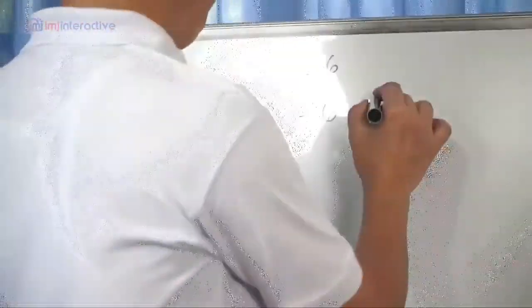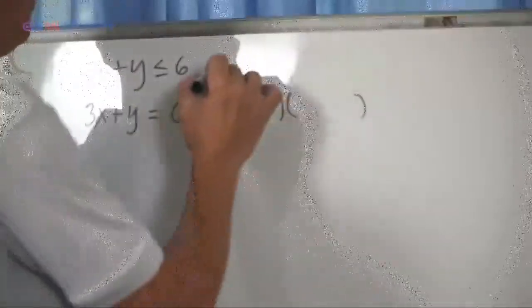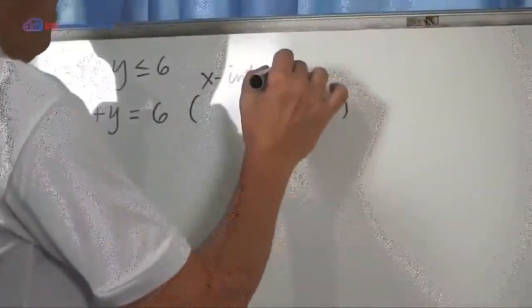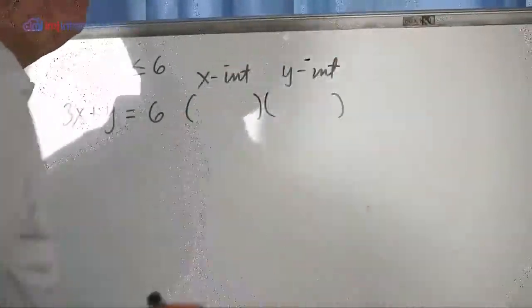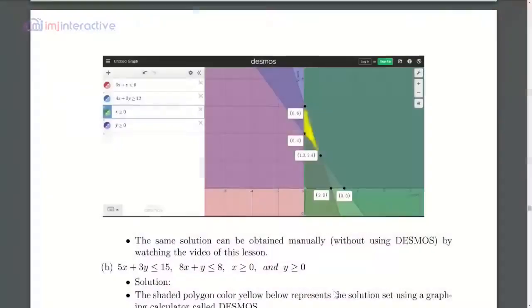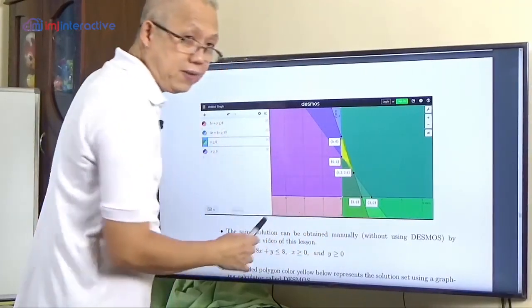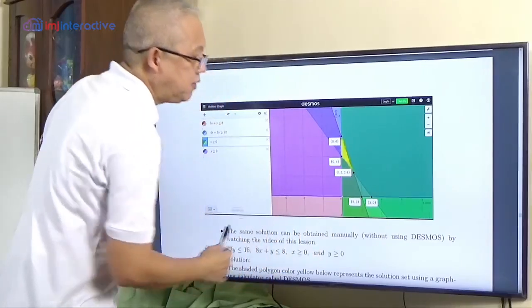To plot the line manually, you have to make use of your x-intercept and the y-intercept. Now, what do we mean by x-intercept or y-intercept? The x-intercept, if you look at this graph, refers to that set of points of the line that intersect the x-axis.